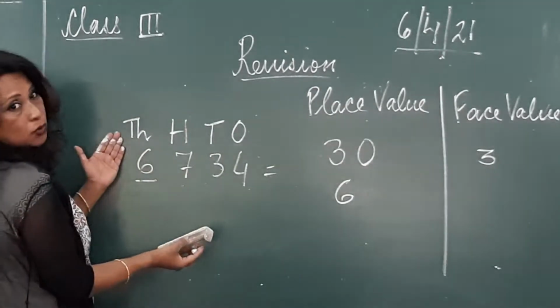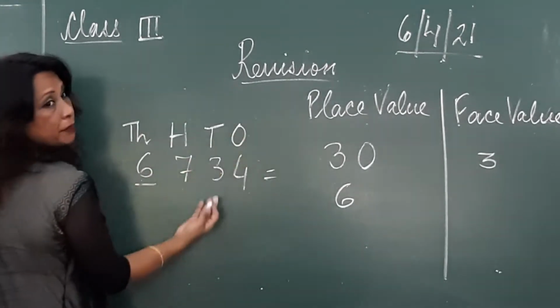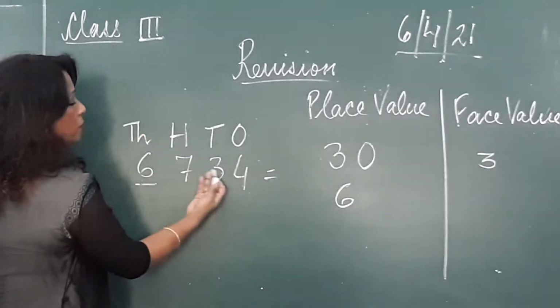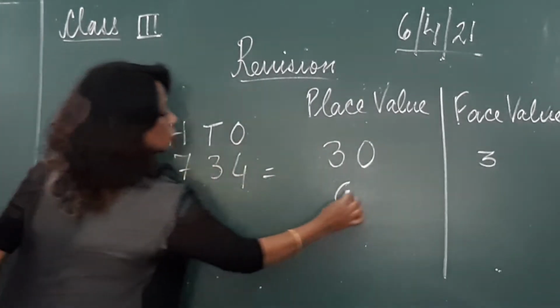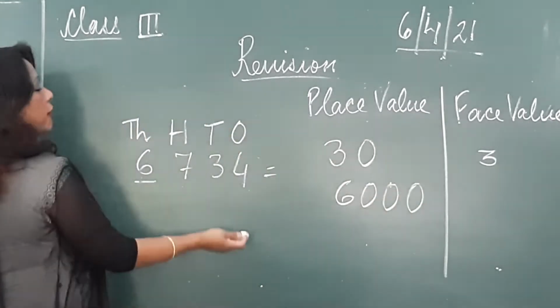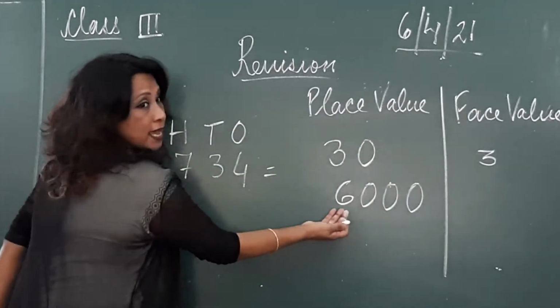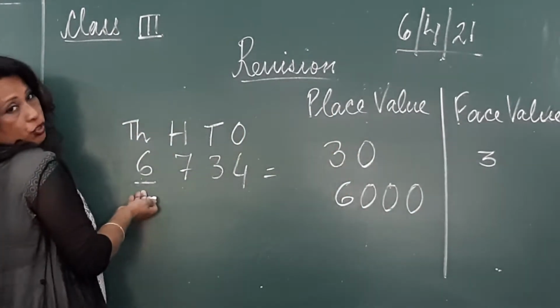It's under thousands, right? So you wrote 6, and after thousands how many place values are there? You count 1, 2, 3. So you have to put 3 zeros. So you write it as 6000, and this is the place value of the number which is underlined.